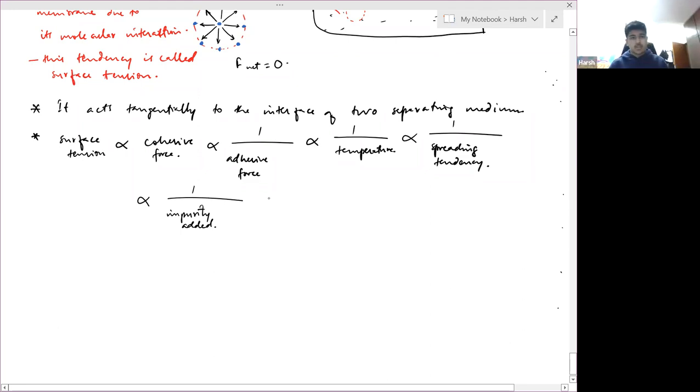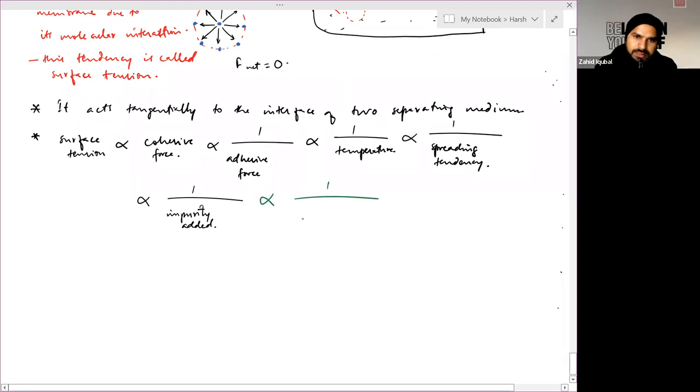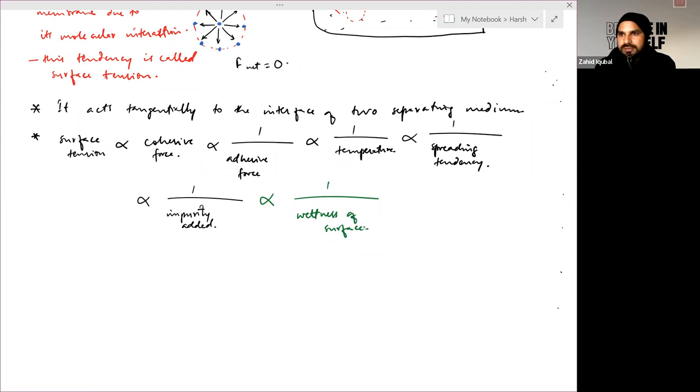Done, sir. There is one more thing. It is also inversely proportional to wetness of surface. Whether a particular liquid has the ability to wet a surface or not depends on its surface tension. If it has smaller surface tension, it will wet that surface. If it has larger surface tension, it won't wet the surface.